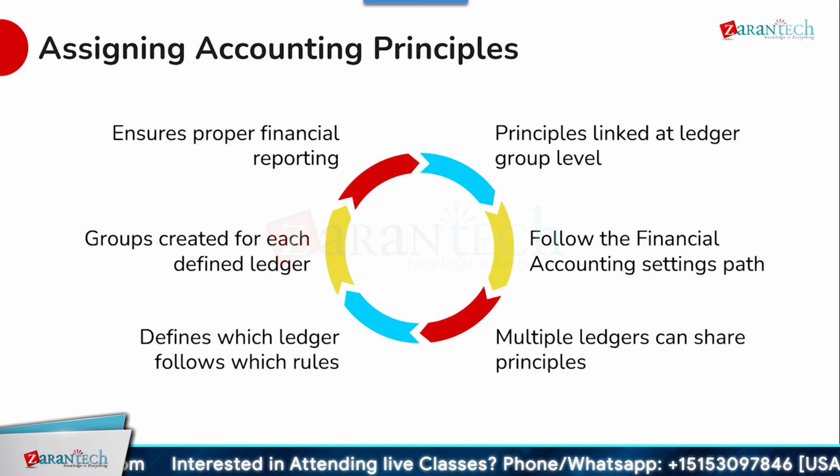And here's where it gets interesting. Multiple ledgers can share these principles. This means you can define which ledger follows specific rules, streamlining your financial reporting process. For example, let's say you have three different ledgers for various departments: sales, marketing, and operations.